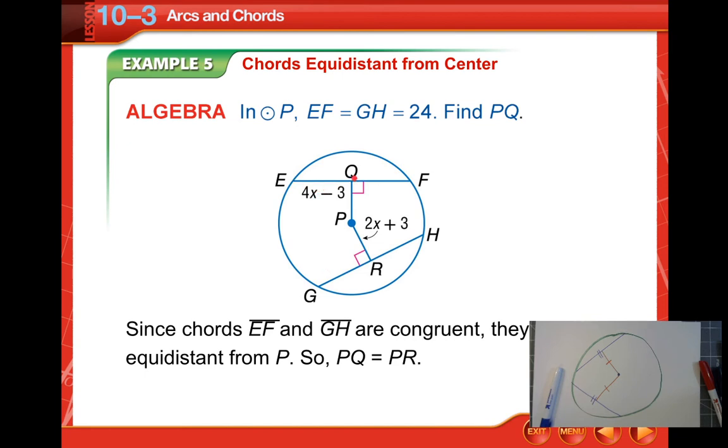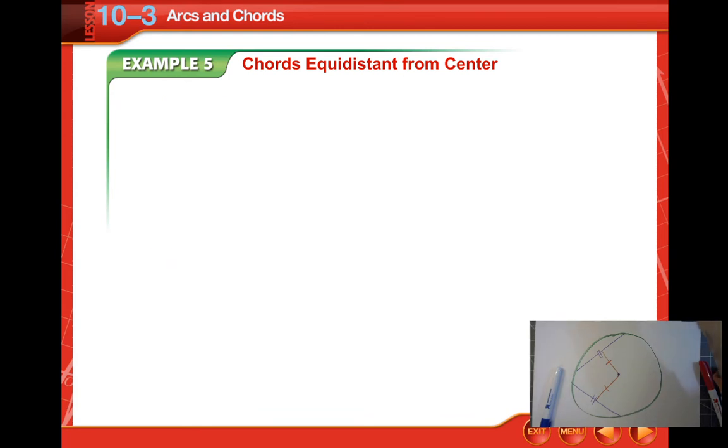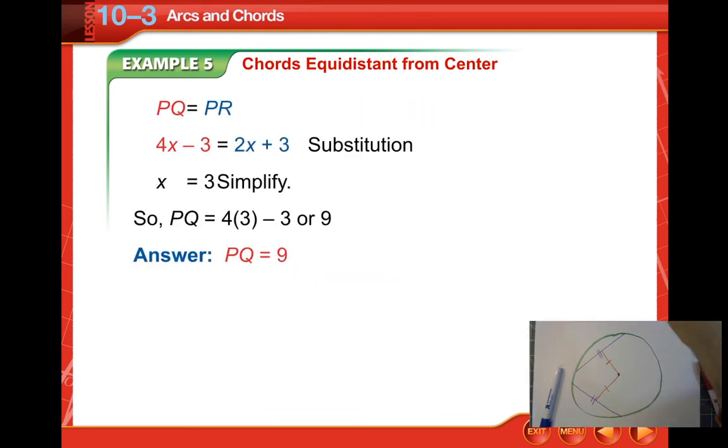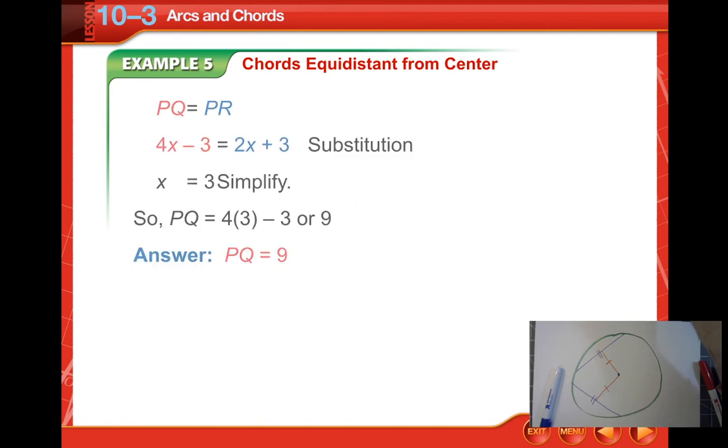But we're given 2x plus 3 is PR. So no matter what, we still know how to do this. 4x minus 3. Okay, so both of them are going to be your Q to P, P to R. So we're going to set those equal to each other, and we get PQ is 9, X is 3.